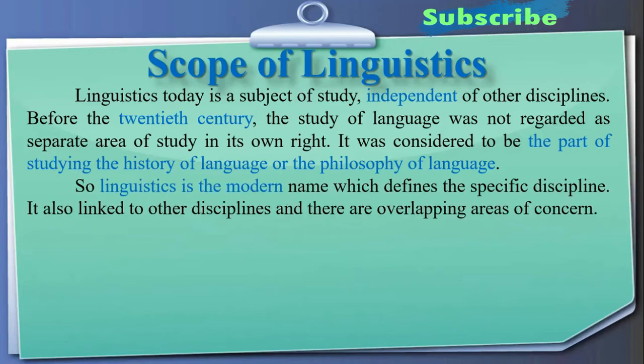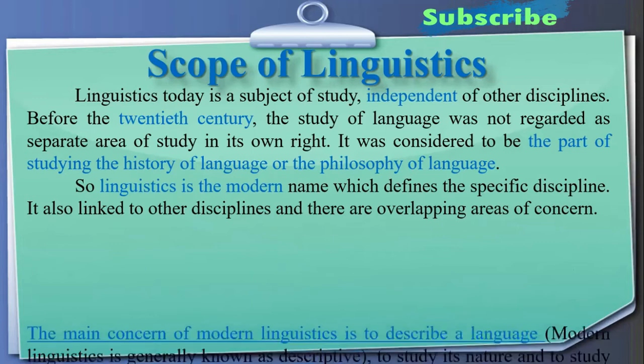So linguistics is the modern name, which defines the specific discipline. It is also linked to other disciplines, and there are overlapping areas of concern. Linguistics is actually a modern discipline in science.